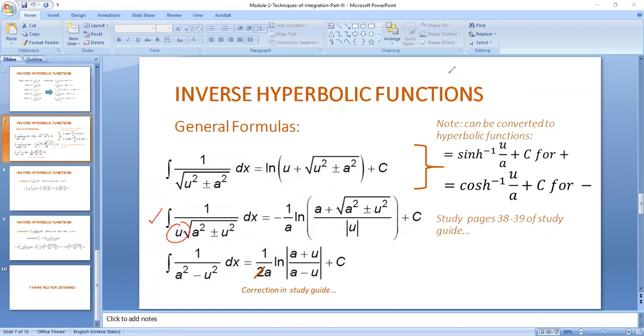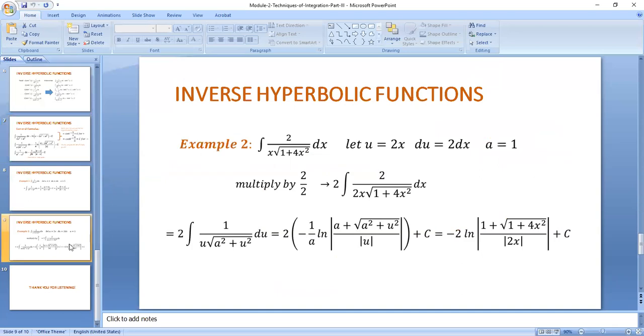Let me clear my markings. It's the x here. So meaning it's comparable to this formula. So we just follow the formula for 1 over u square root of a squared plus u squared, and it would be this. And we just substitute the things that we need to substitute.